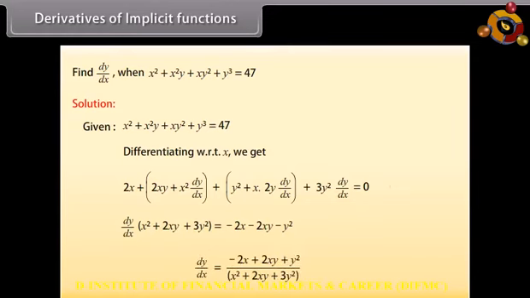So dy by dx is equal to minus of 2 into x plus 2 into x into y plus y square, divided by x square plus 2 into x into y plus 3 into y square.